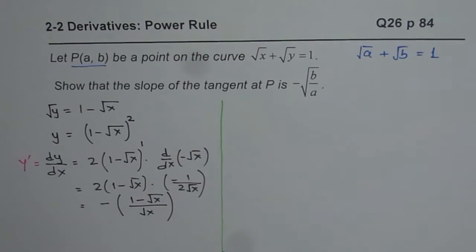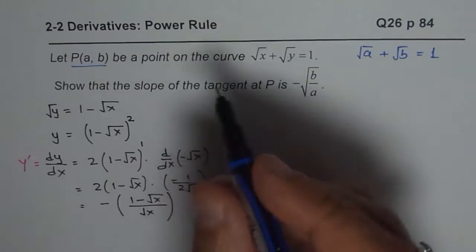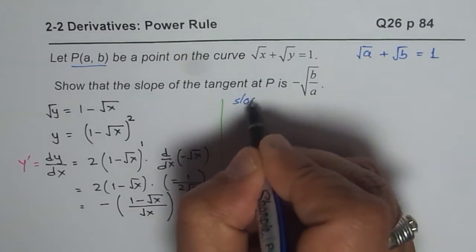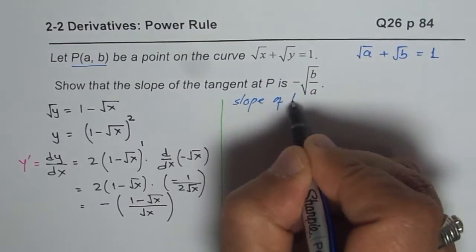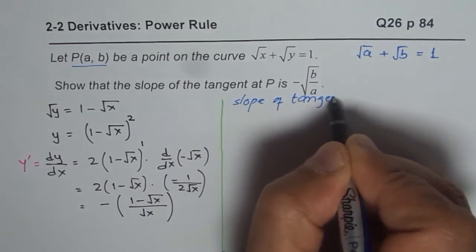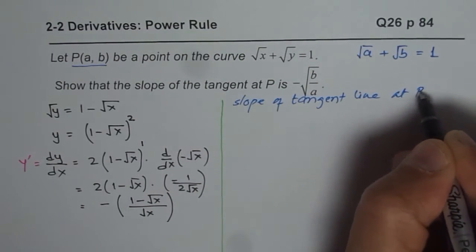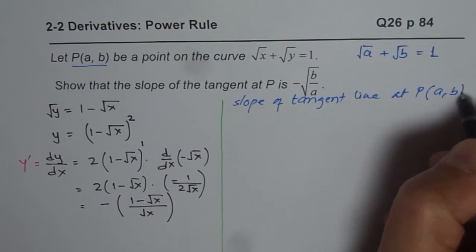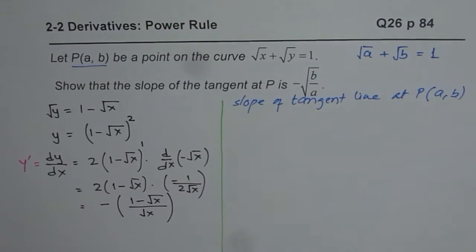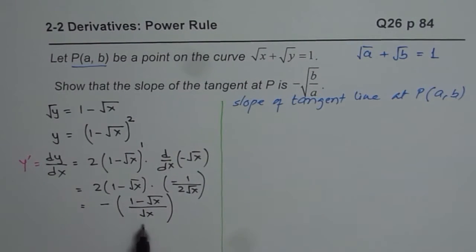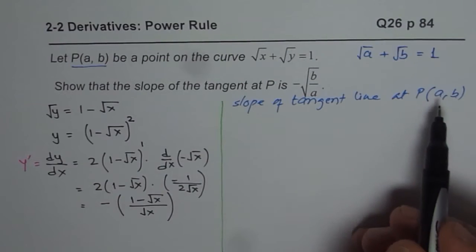If I substitute, so we say slope of the tangent line at P. The point is (a, b), so x value a, y value b. So this is the slope at any general point on the curve, correct? So we can substitute x with a.